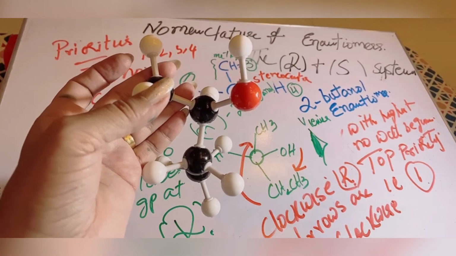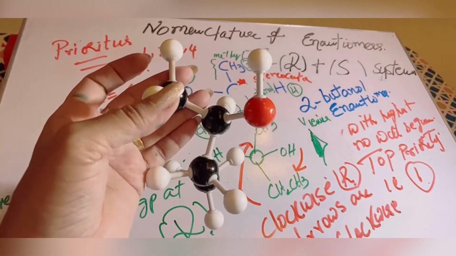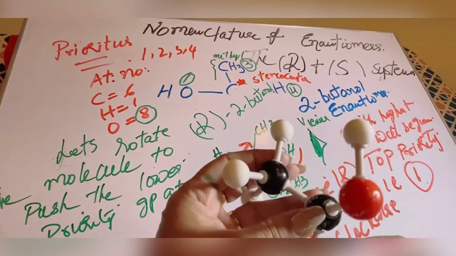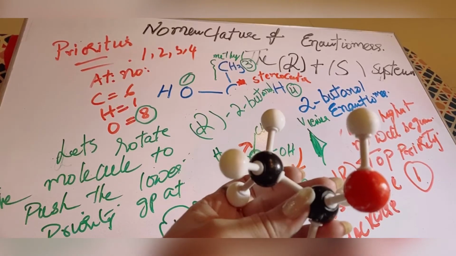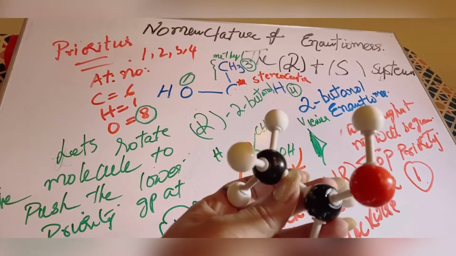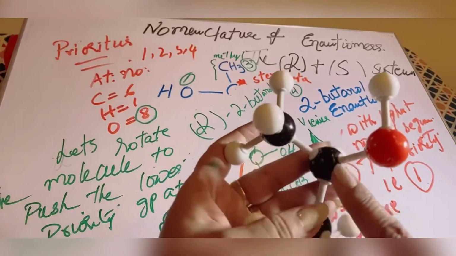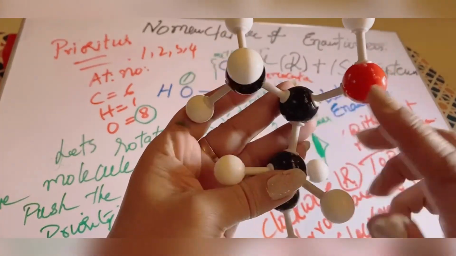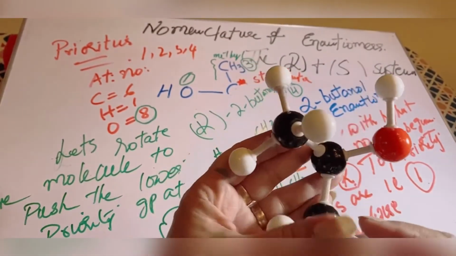In the year 1966, they developed these sequence rules, the way to designate the configuration of the stereogenic carbon atom, the tetrahedral carbon atom. So these were the three scientists, Cahn, Ingold, and Prelog.